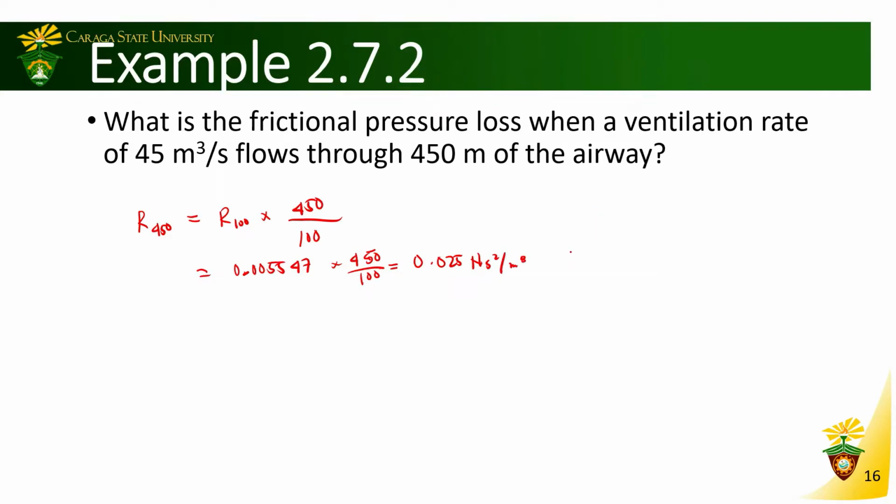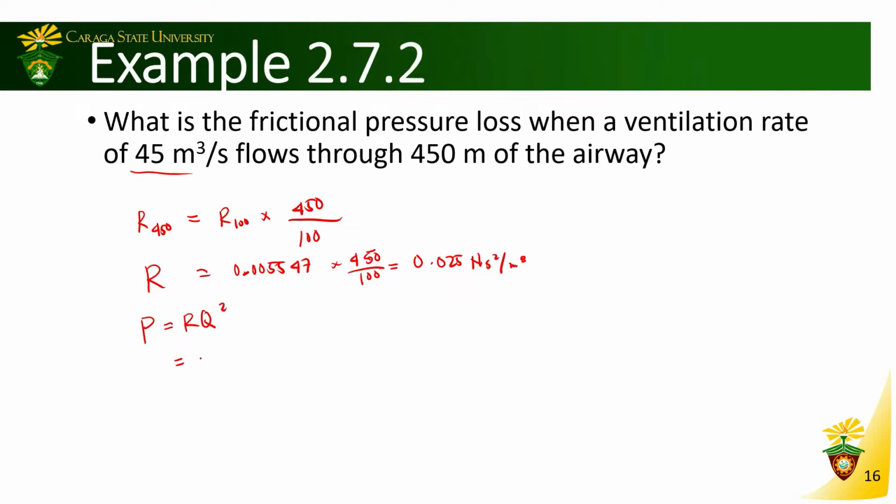Okay, since we know the resistance already, it asks us to compute the frictional pressure loss. And we know that the frictional pressure loss as related to resistance is equal to RQ squared. The Q is given, 45 cubic meters per second, so we could compute the frictional pressure loss.